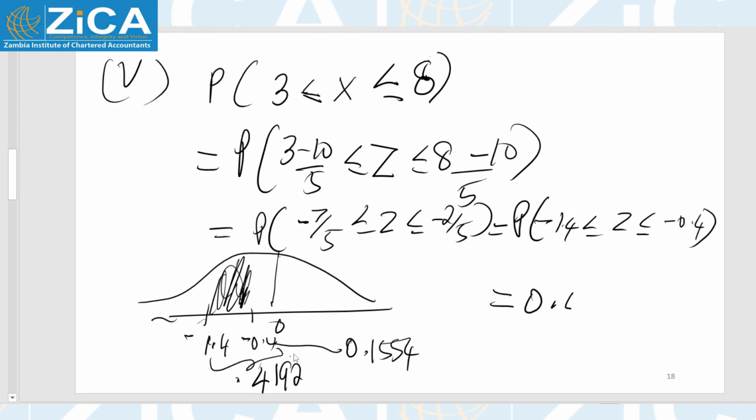So you have 0.4192 minus 0.1554, and this will give us 0.2638. So all you need to understand here is that there are certain instances where the area is on the same side, you subtract. If they are on the opposite two sides, they trap the negative and the positive, please add.